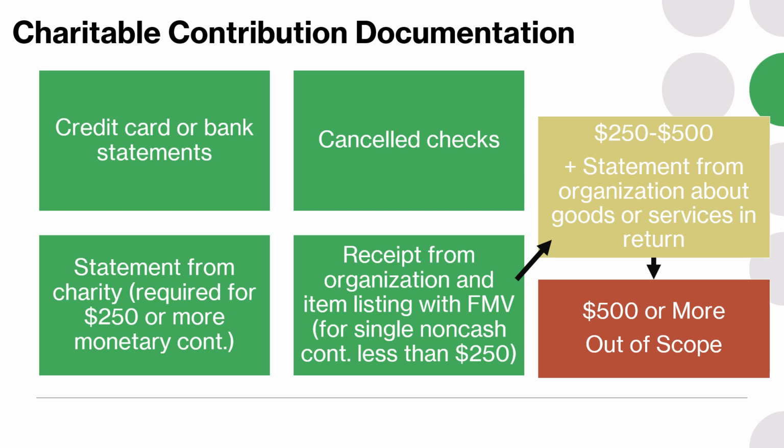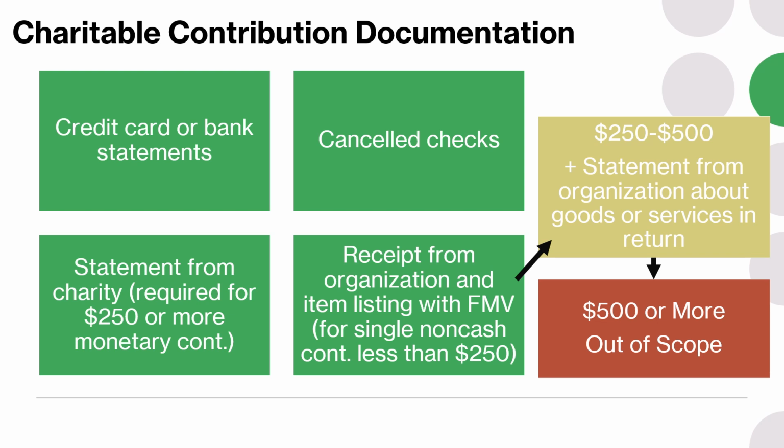And then if they are giving non-cash contributions of less than $250, they need a receipt from the organization, and then the taxpayer can make a listing of all the items that they donated along with their fair market value.